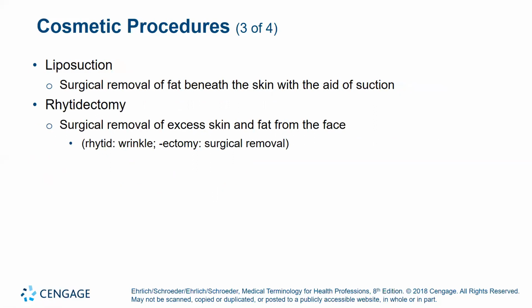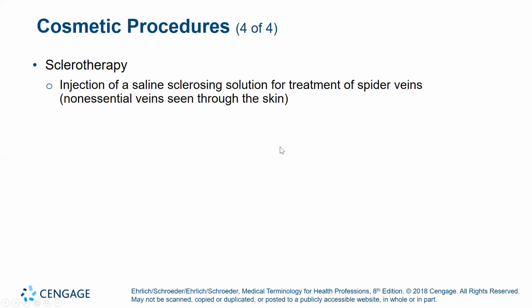We have liposuction, again, surgical removal of fat beneath the skin with the aid of a suction. Rhytidectomy, rhytid is wrinkle, ectomy is surgical removal, so it's surgical removal of wrinkles. Sclerotherapy, this is injection of a saline sclerosing solution for treatment of spider veins, non-essential veins seen through the skin.